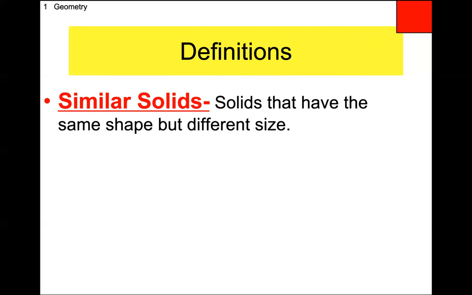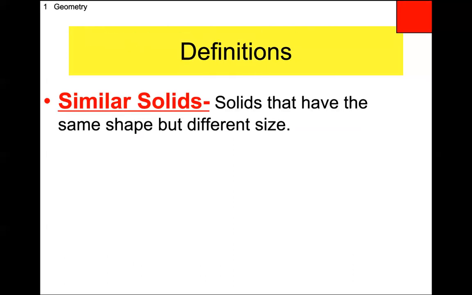So we're talking about 2 cones that are exactly the same, except their sizes are different. So the relationship between their radius and their height is the same for both cones. They just simply have different sizes. You can imagine, let's say the Eiffel Tower, a large one and a little model of it, right? Those would be similar solids. Same shape, just different sizes.